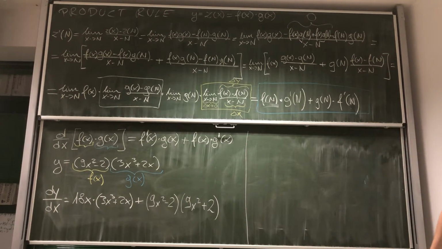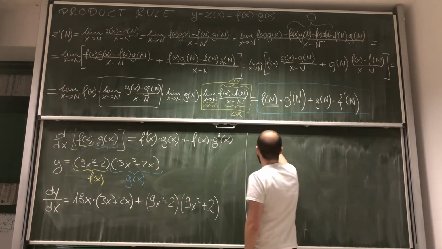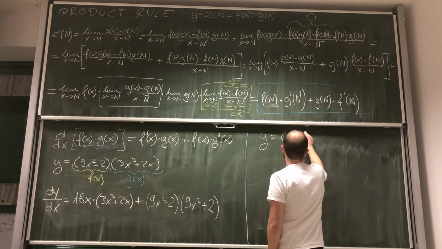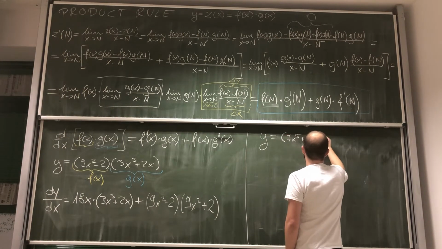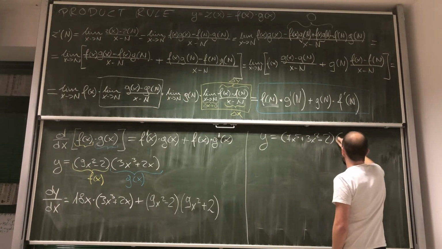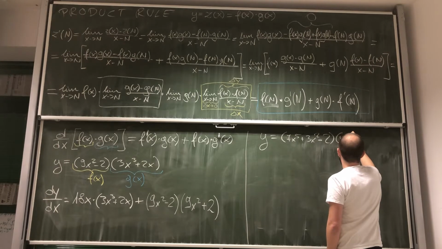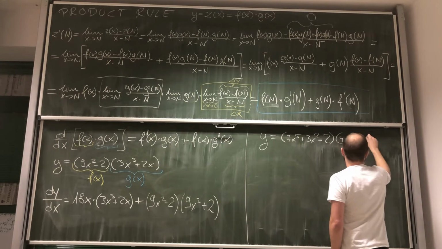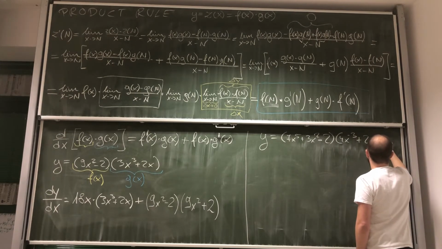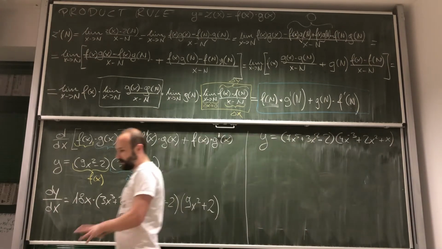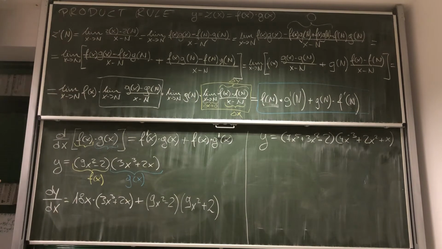Now, let's do one more example. If we have y equal to 7x to the power of 5 plus 3x squared minus 2 times 4x to the power of negative 3 plus 2x squared plus x. Again, we can do it in exactly the same fashion.